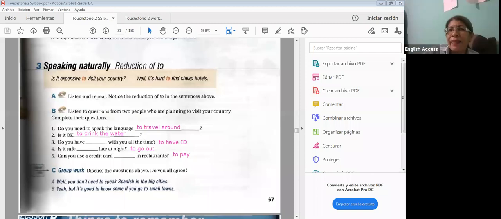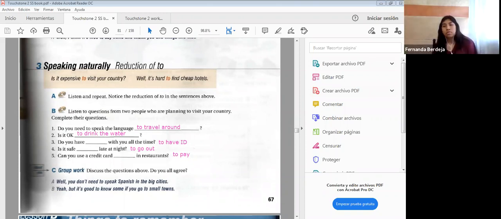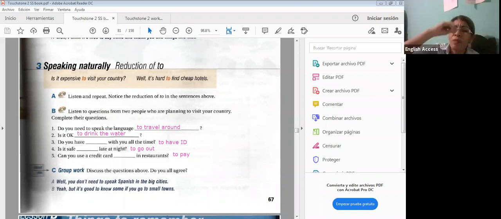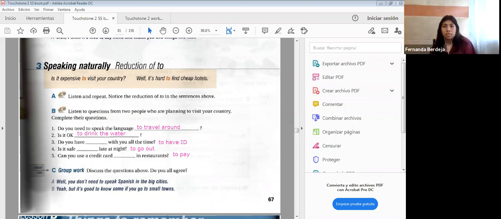Okay, but let's think about foreigners. I mean, people from other countries. When they come to Mexico, is it necessary for them to speak Spanish? Yes. Okay, Fernanda says yes, it's necessary to speak Spanish.